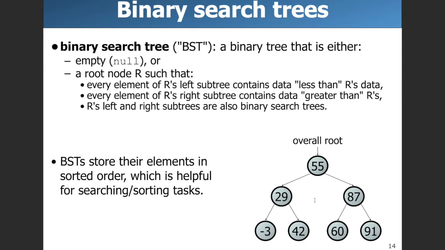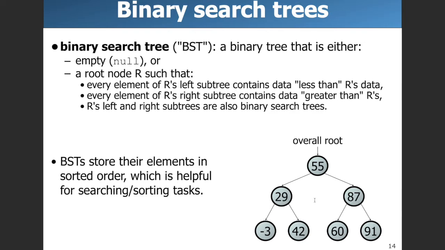In the next video, next week, we are going to talk about the AVL tree, which is another type of binary tree. But for today, it's the binary search tree, and usually we call it BST.